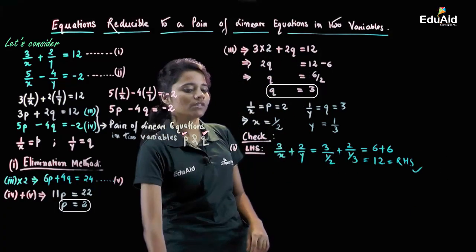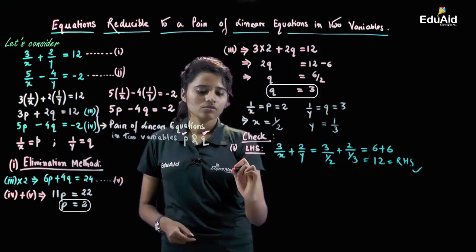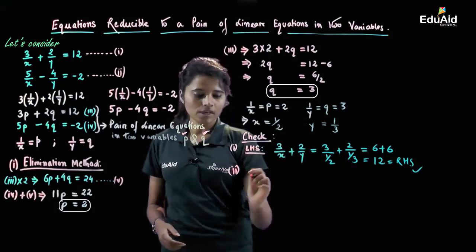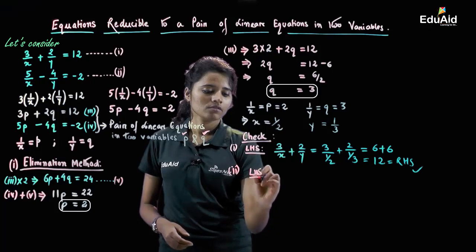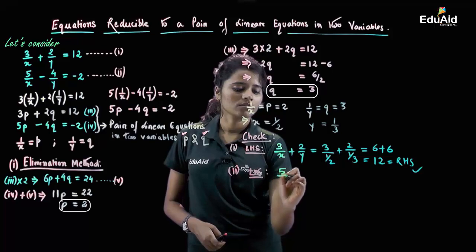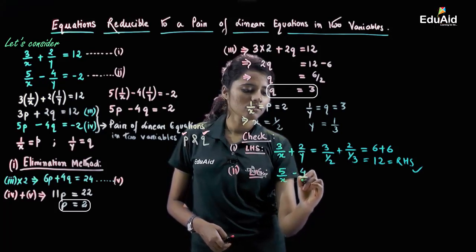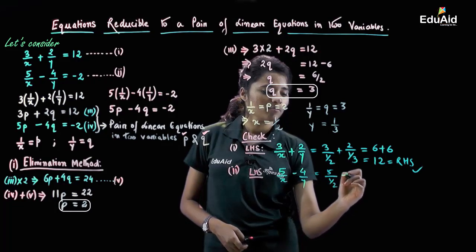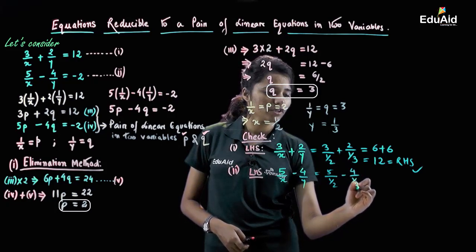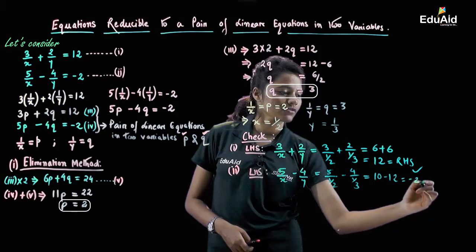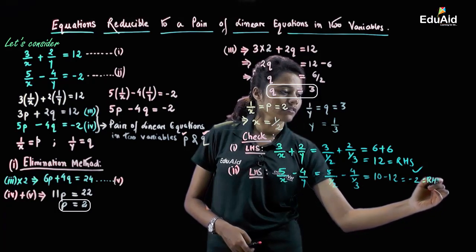Now let me check with the second equation. The left hand side is 5 by x minus 4 by y. So 5 by x is 5 into 2, which is 10, minus 4 into 3, which is 12, is equal to minus 2, which is equal to the right hand side.